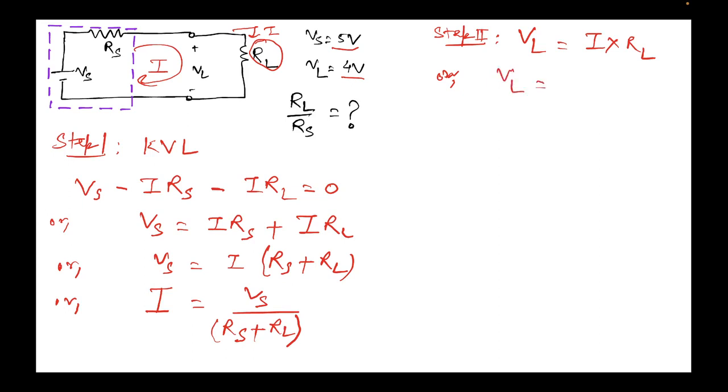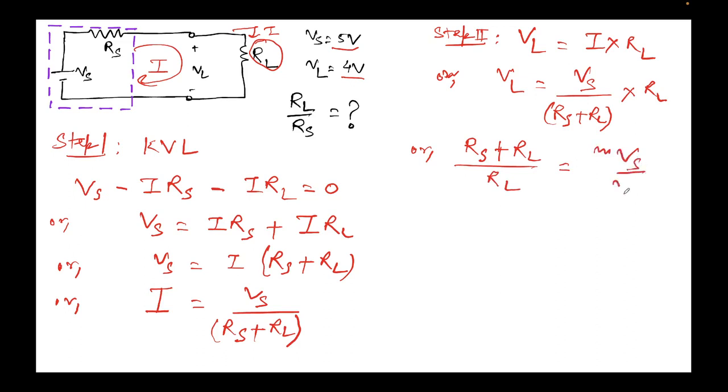So we'll write VL equal to Vs over Rs plus RL multiplied by RL. Taking all the resistance terms to the left-hand side, I can write Rs plus RL over RL equal to Vs over VL.